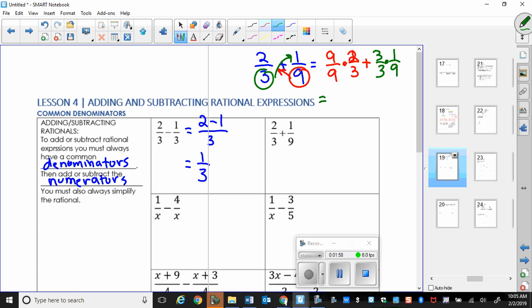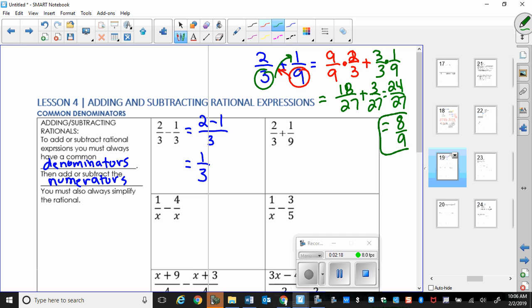It produces the same denominator. We have 18 over 27 plus 3 over 27. This is 21 over 27, and it simplifies to 7 over 9.